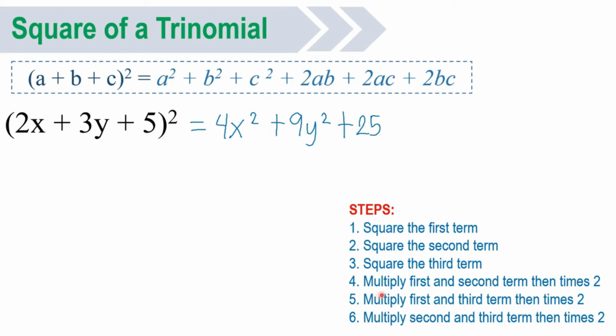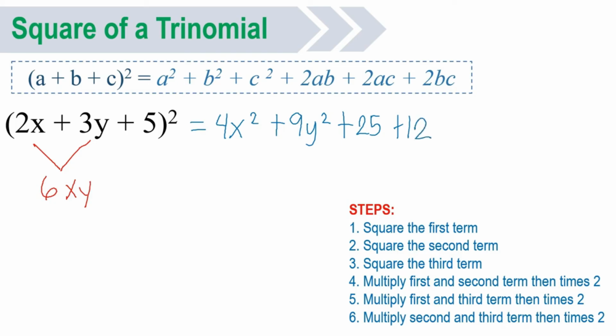Then fourth step, multiply the first and second term. So first and second term, we have 2x and 3y. 2 times 3, that will be 6. Then x and y. Then times 2. So 6xy times 2. 6 times 2, that will be 12.